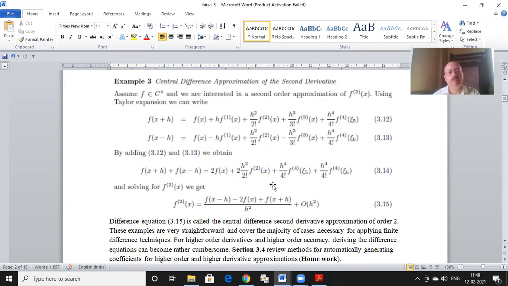If I add them up, I will cancel the odd terms, the second and the fourth term here. What I will have is this expression 3.14, and then simple arithmetic solving for f2. This is my approximation for the second derivative, central difference approximation, and my error will be of order h cube.